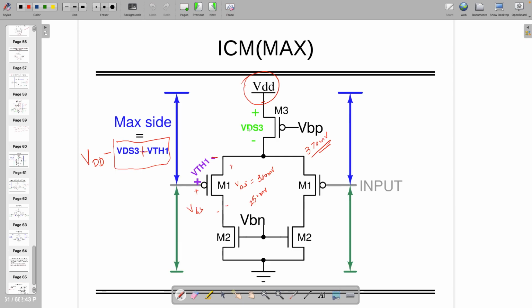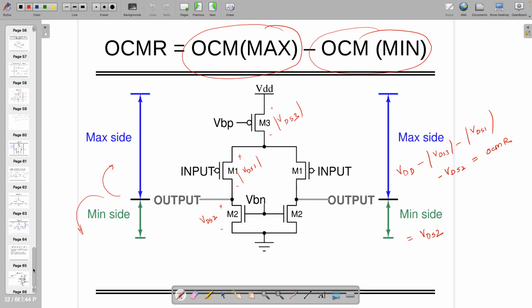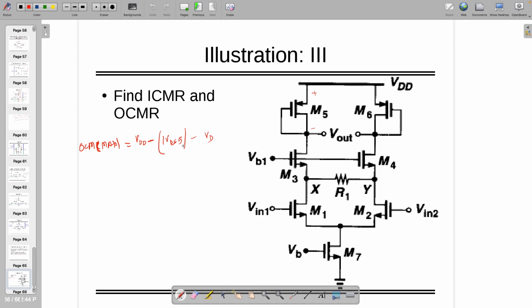I'm keeping mod because here it's actually showing plus and minus, and to make it VDS, it has to be minus plus. So that's why I'm saying it's mod. So VDS5 minus VDS3 minus VDS1, oh sorry, I have to stop at VDS3 itself, right? OCM min is nothing but the other side, which is VDS7 plus VDS1, right?